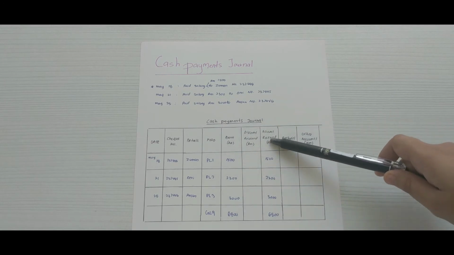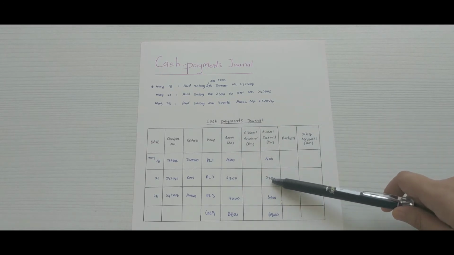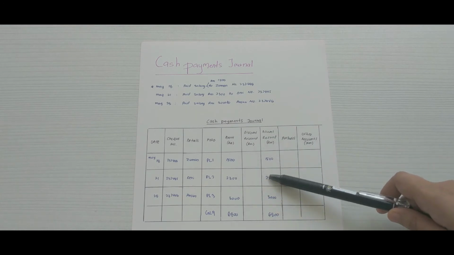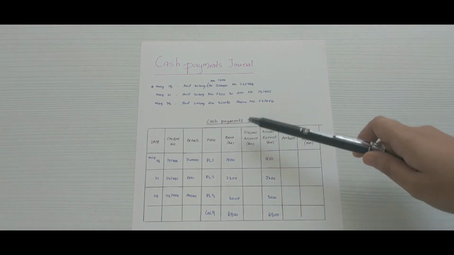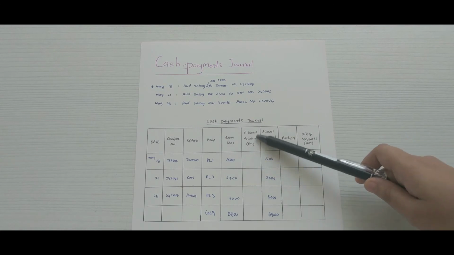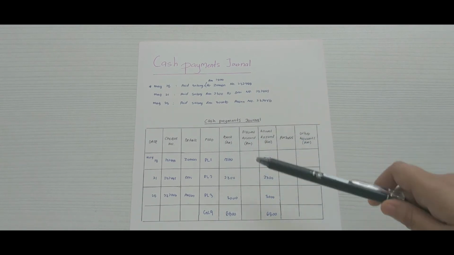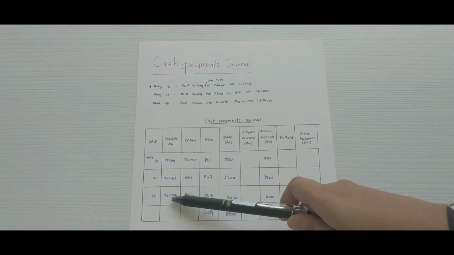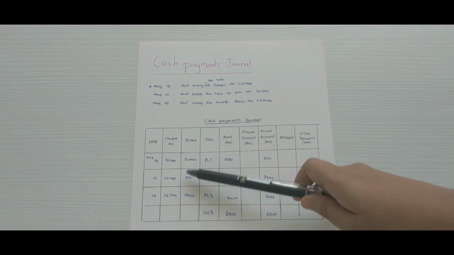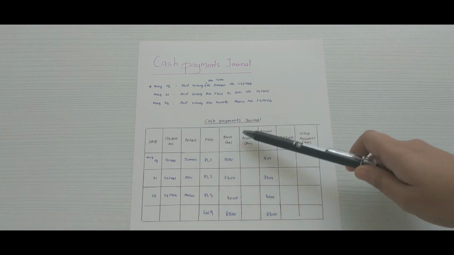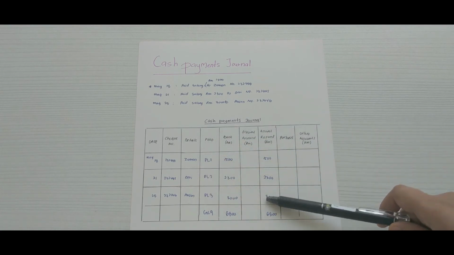Accounts payable 2,300. The last one is May 25, paid salary to Hassan RM3,000, check number 232446. Details from Hassan, amount is 3,000. Accounts payable is 3,000. So that's all.